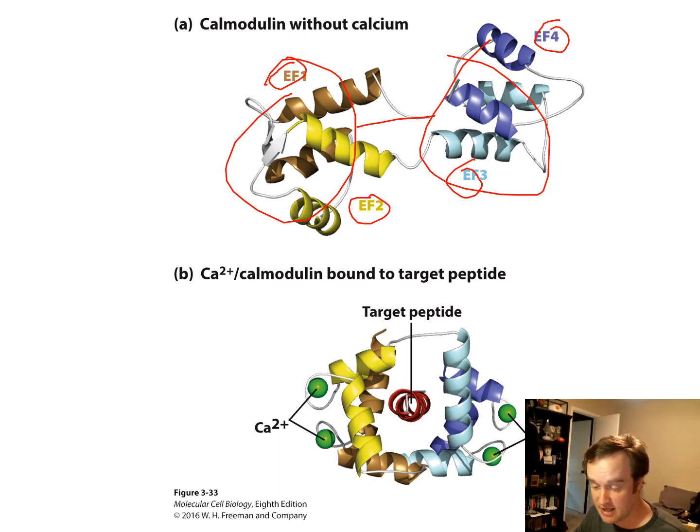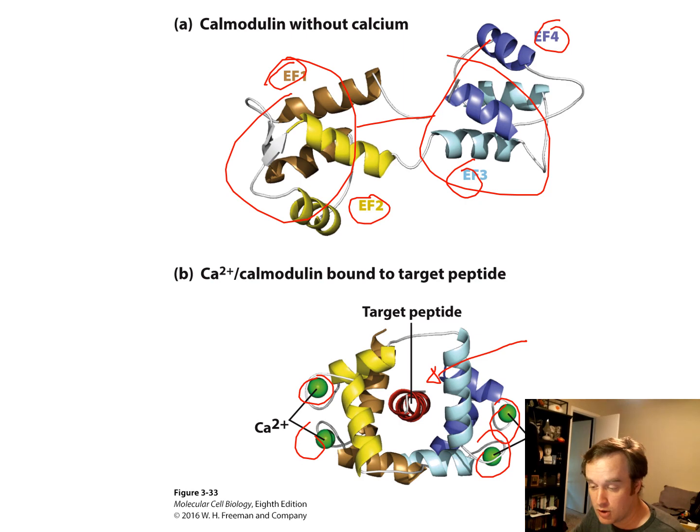So we see that those EF hands will bind up to calcium when there's a high concentration, so those 4 sites right there. And what this does is it brings the hydrophobic side chains and makes them more exposed to the solvent. And this calmodulin complex will then wrap around this target peptide.